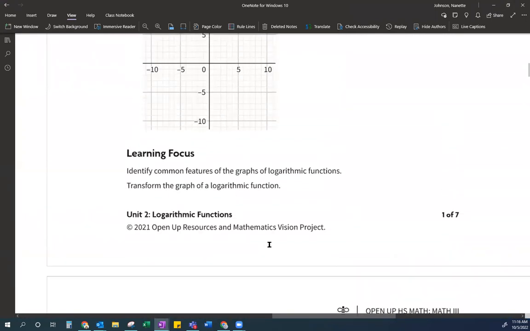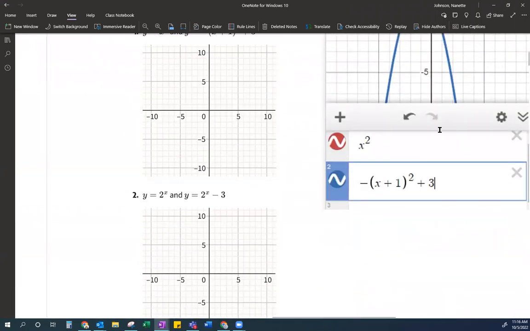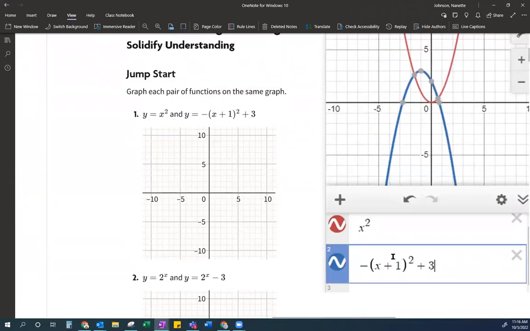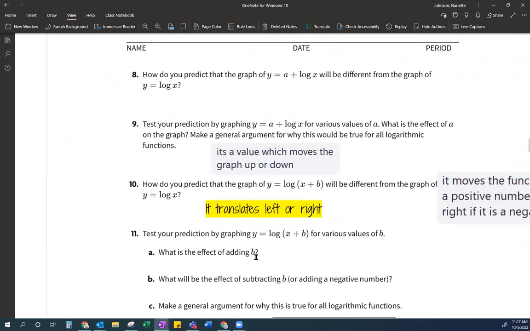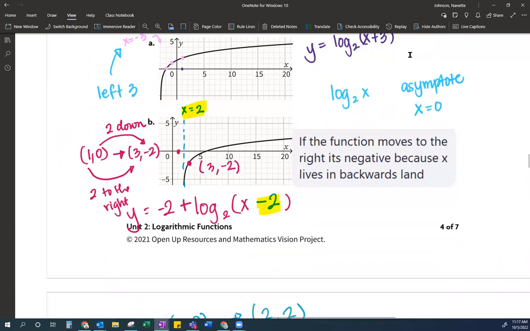It's these transformations, right? What similarities do you have between the transformations on this and the transformations on our logs? Is it the same? What things do you find similar and what things do you find different?